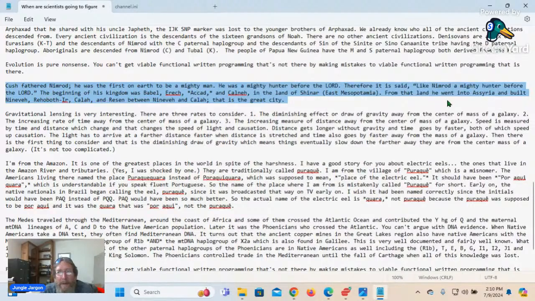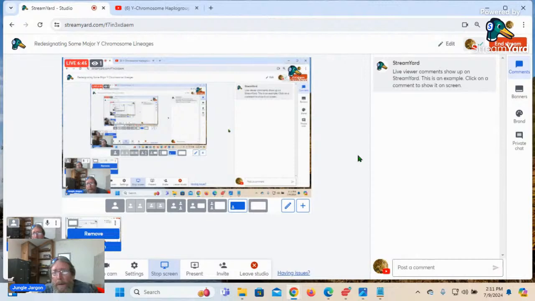From there, he went into Assyria and built Nineveh, Rehoboth-Ir, Calah, Resen between Nineveh and Calah. That is the great city. Well, Nineveh was a great city. I'm guessing it's referring to Nineveh, but I don't know. Anyways, we can see that Nimrod was a very significant individual.